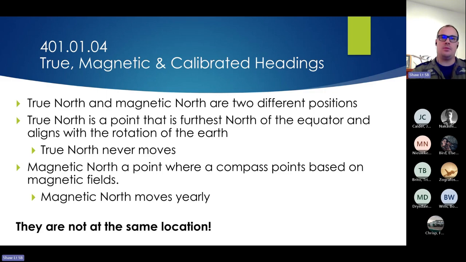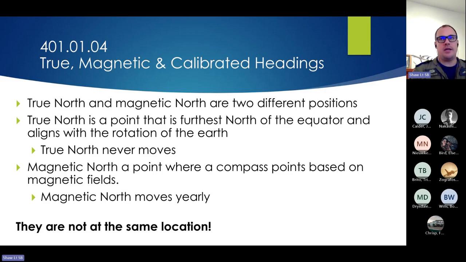Almost 200 years ago, it was in the middle of the Canadian Arctic. Now it's way in the middle of the Arctic Ocean somewhere, approaching Russia, right? So it's important to keep in mind that they're not the same location, and you'll need to know the difference between true north and magnetic north.